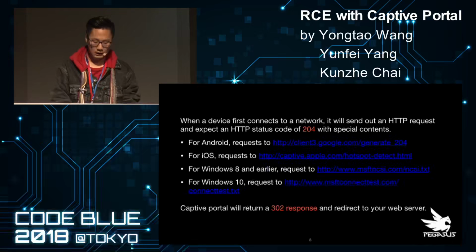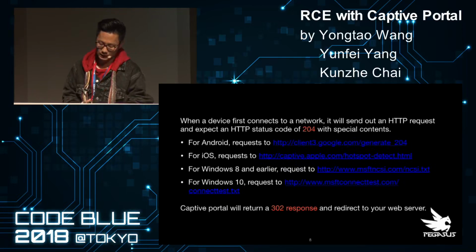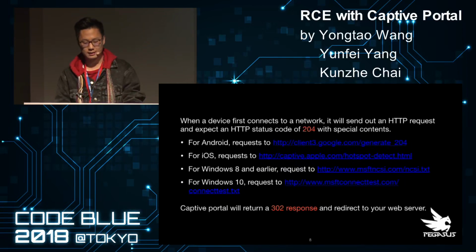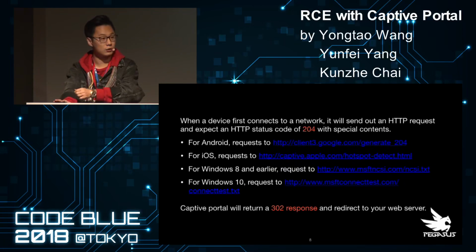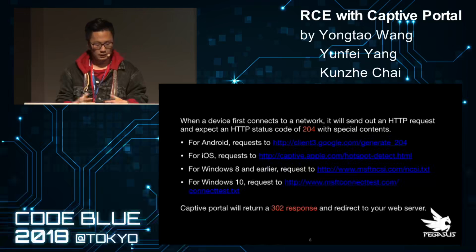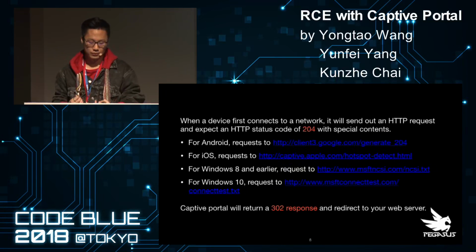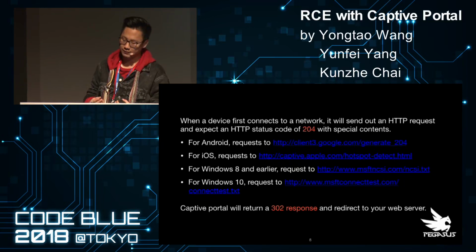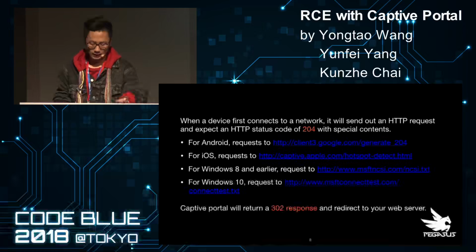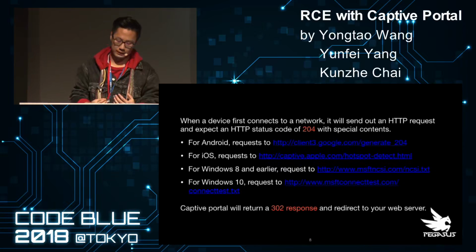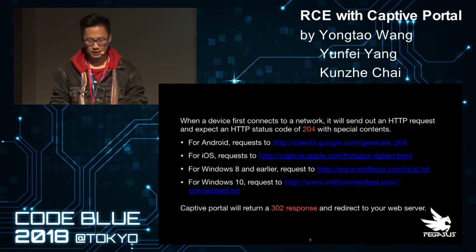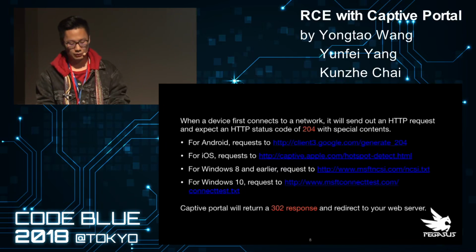For Android, it will request a link of Google. For iOS, it will request a link of Apple. So if we want to trigger the captive portal, we will not let your phone receive the 204. We should return a 302 response directly to the captive portal web page.